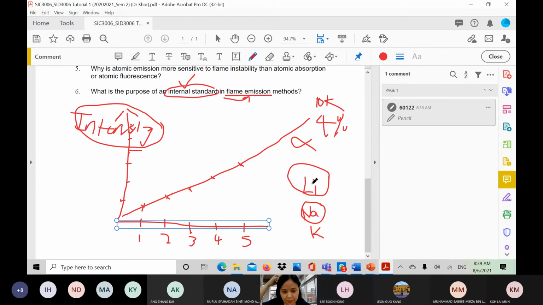How can I do that? So that the environment change, I don't care. Temperature increase, gas flow reduce, aspiration rate reduce, it will have the same impact on my target analyte and also on my internal standard. I just want this environment effect to be removed and have no issue at all for my quantitative measurement in my calibration plot. How to do that?